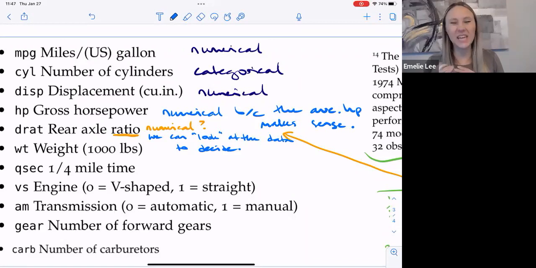Then you can't tell your boss to make a car with 5.5 cylinders, for example, even if that's the average for the best fuel consumption. That doesn't make sense. Your boss would come back and say, well, I can only do 4, 6, or 8. So which one is it? You'd say 6. Okay, great.